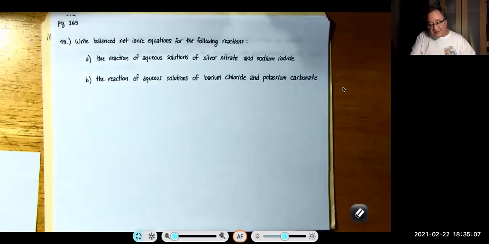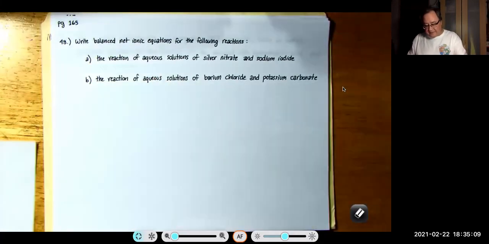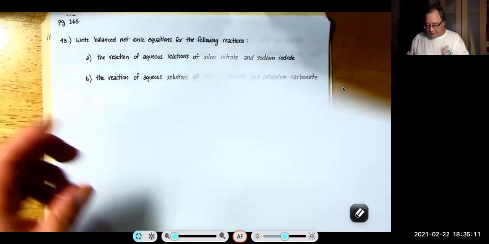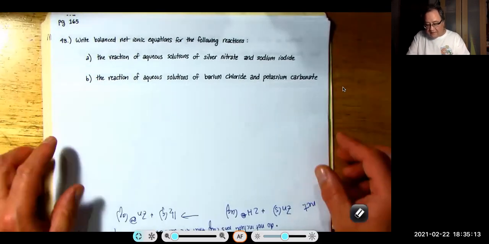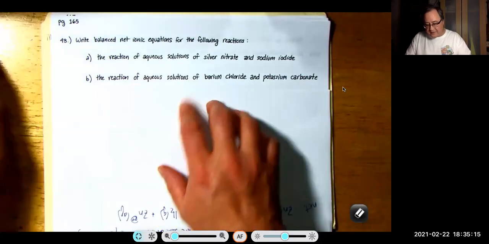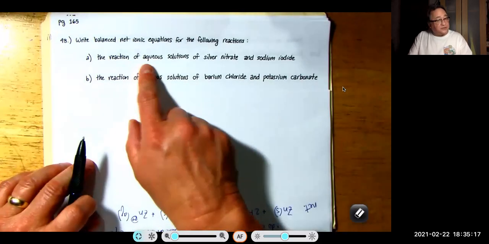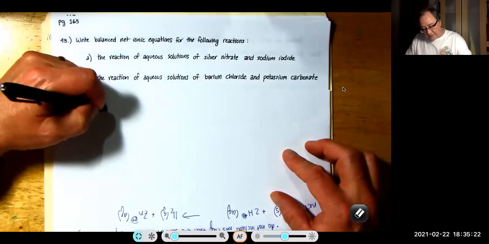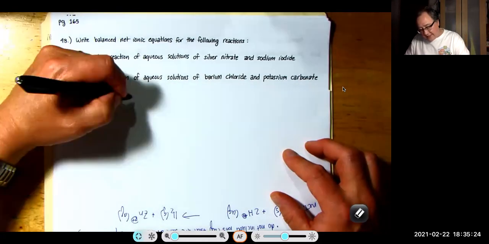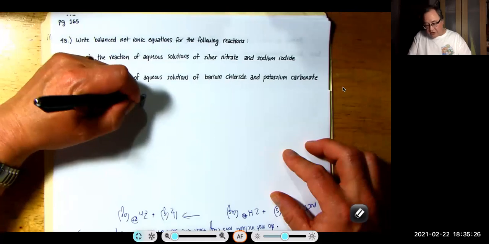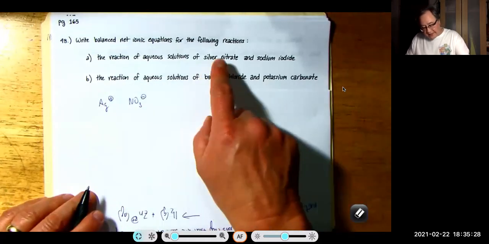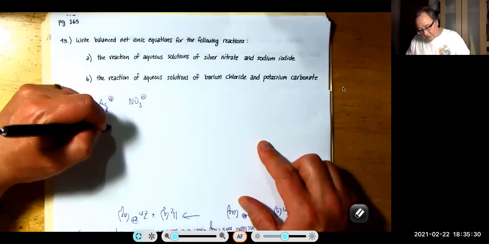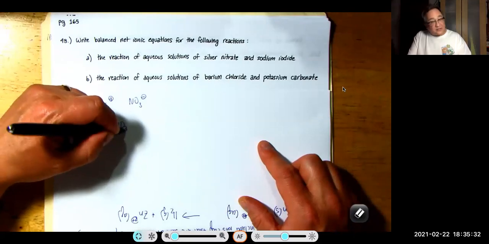48, write balanced net ionic equations for the following. I'll do one of these and you can do the other. Aqueous solutions of silver nitrate. Silver is a +1, nitrate is a -1, so the formula for silver nitrate is AgNO3, and they even tell us it's aqueous.